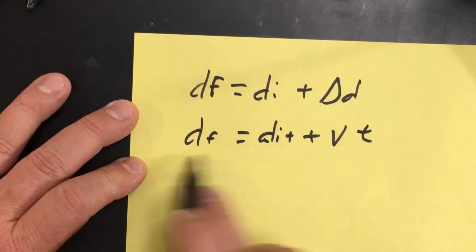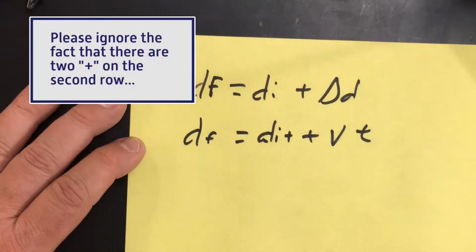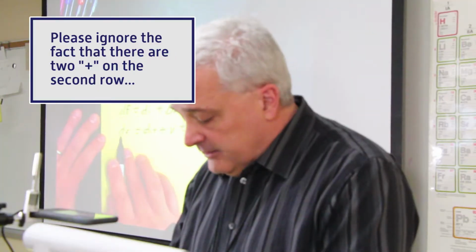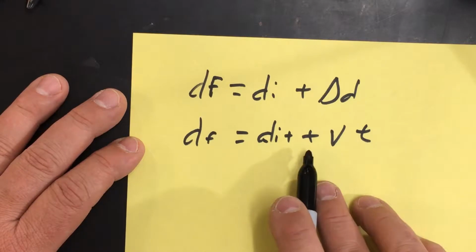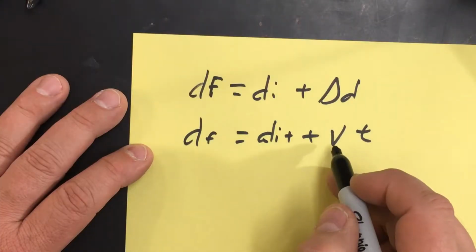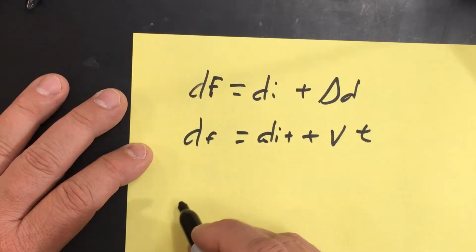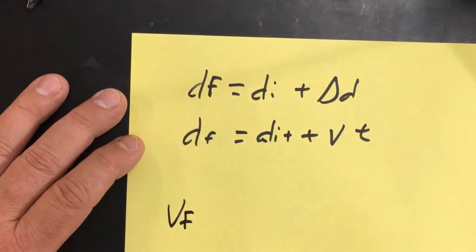Now, why do I keep going back to this? Because if we understand this concept, the next concept is going to build right on top of this and parallel it very, very nicely. The final distance is where it was to start with plus how it changed. Now we're talking about this velocity changing. So we want to know, what is the final velocity?